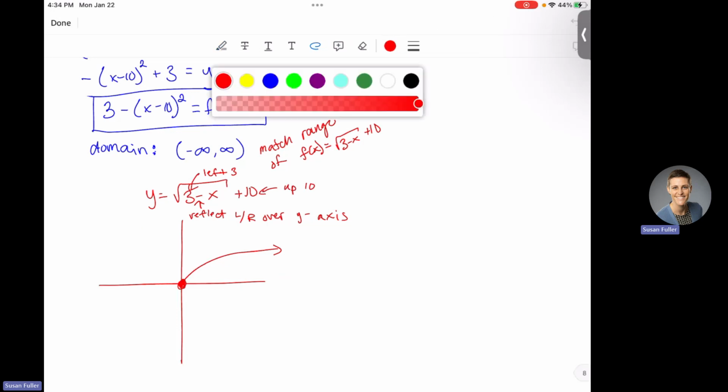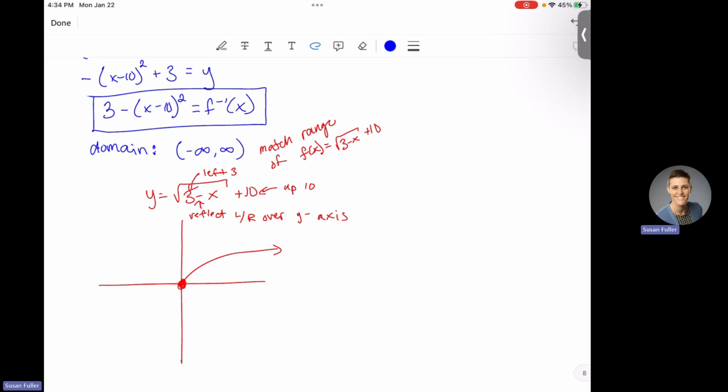And order matters when we are doing transformations. So we need to make sure that we go left and right first. And then we can do any reflections that we have. And I want you to move up and down last. So from here, I'm going to slide this left 3 units, 1, 2, 3.